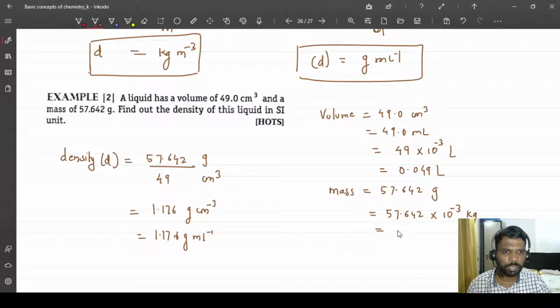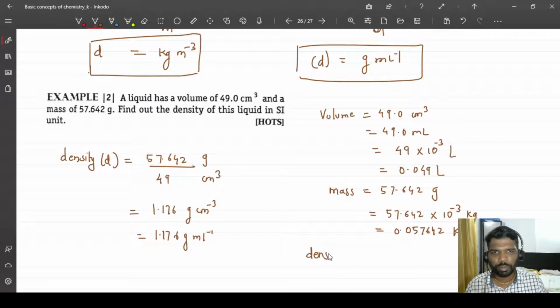So mass is 0.057642 kg. So density over here will be equal to, I'll solve this on the next page.